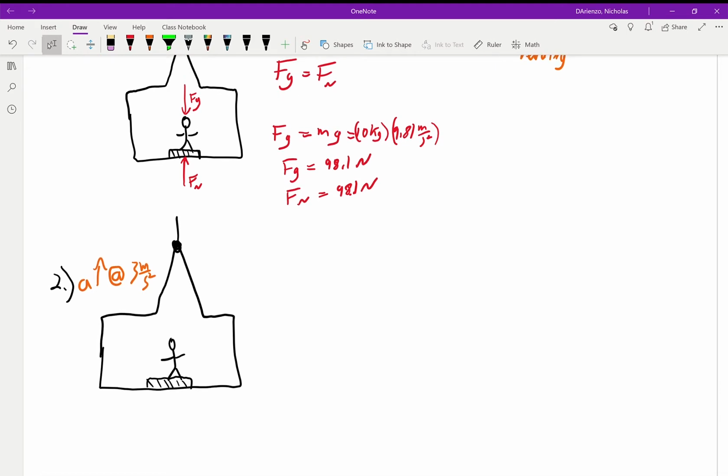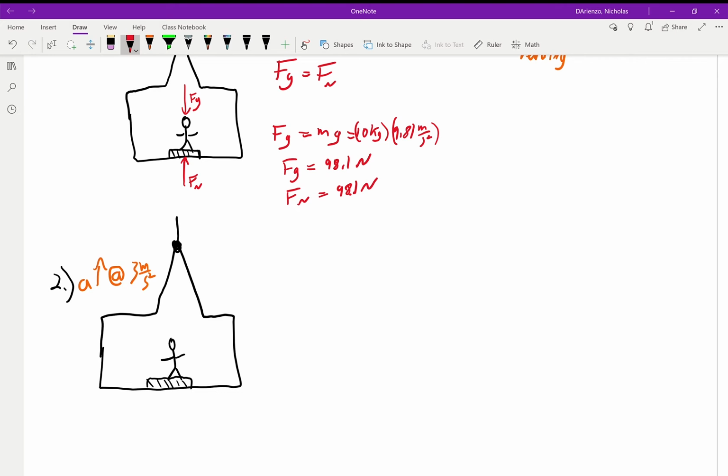In the second scenario, we're going to consider the elevator accelerating upwards from the base floor up to, let's call it the 10th floor. And it's going to accelerate upwards at a rate of 3 meters per second squared. Now, the elevator, sitting as it was before, was already balancing the weight of the person with the normal force.